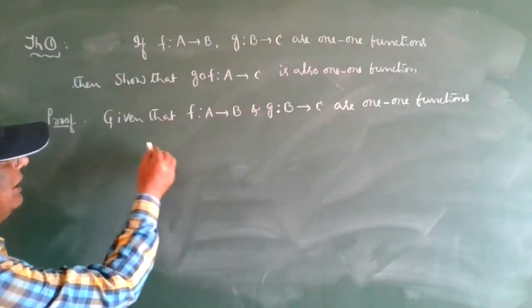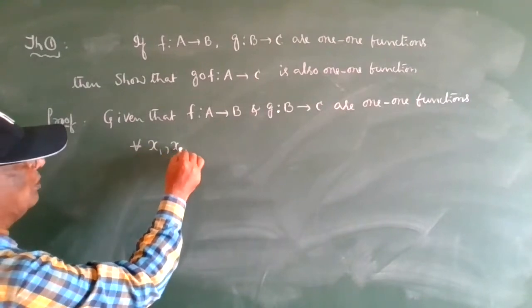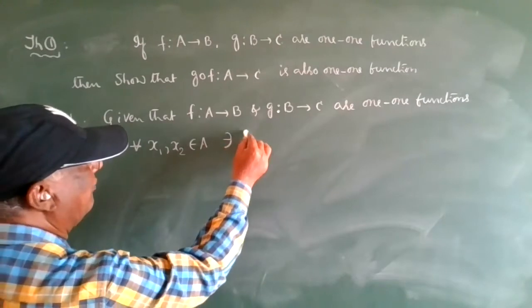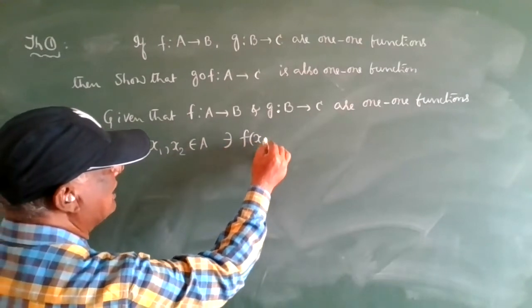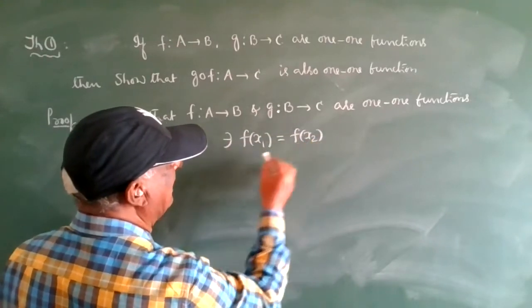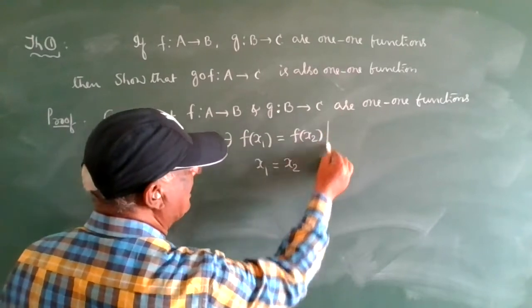So I will write: for all x1, x2 belonging to A such that f of x1 is equal to f of x2, then x1 is equal to x2 is the relation.